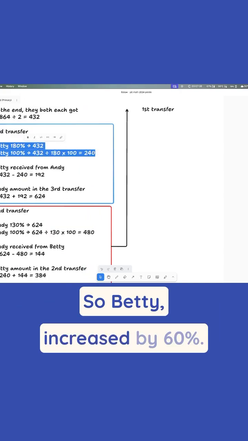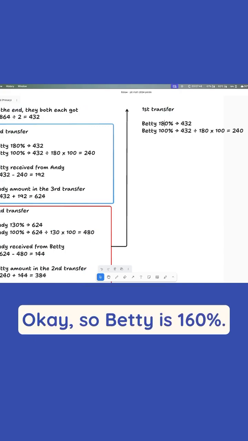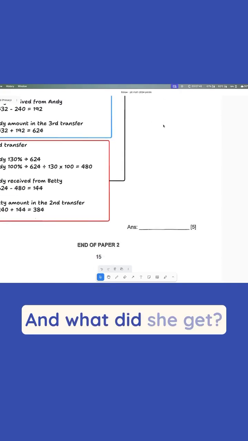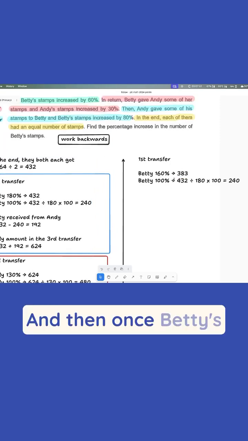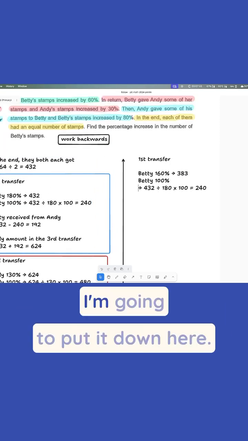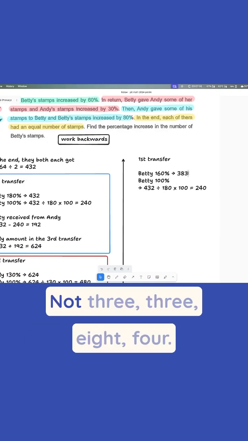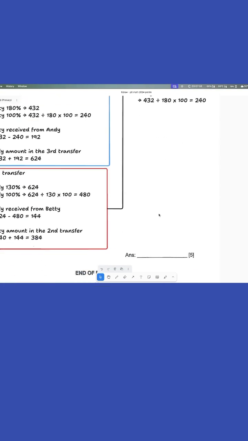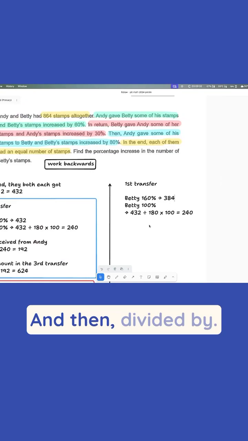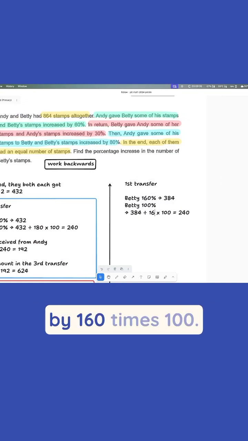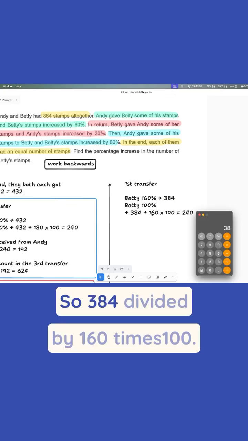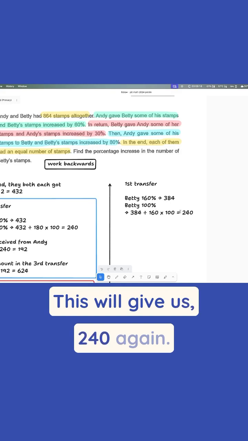So Betty increased by 60%, so Betty is 160%, and what did she get? 384. Then Betty's 100% is 384 divided by 160 times 100. This will give us 240 again.